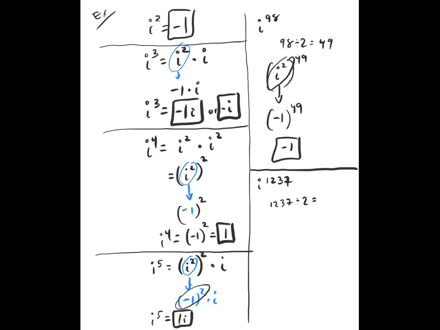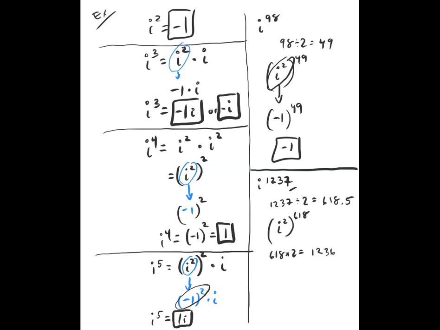Here we see we're going to get a decimal, so that means it's definitely going to be i to the power of 2 to the power of 618. And if we multiply 618 by 2, that gives us 1,236. But we need it to be 1,237, right?